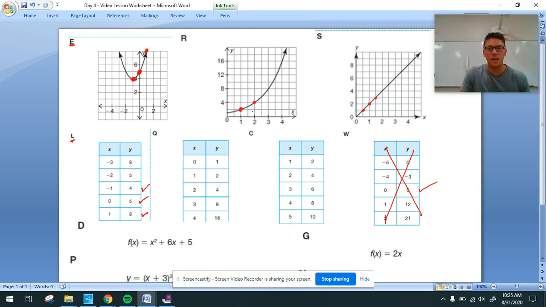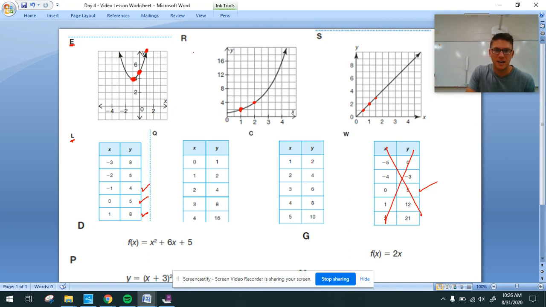The next one looks like exponential. Well, we saw previously that exponential tables tend to have like a doubling factor or a tripling factor, or maybe they're being cut in half from one value to the next. So let's look at these two. 1, 2, 4, 8, 16. Hopefully you guys are recognizing that that's being doubled every time. 2, 4, 6, 8, 10. Well, that's just 2 being added constantly to it.